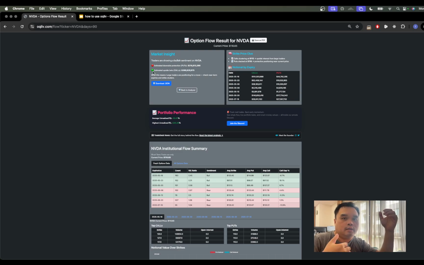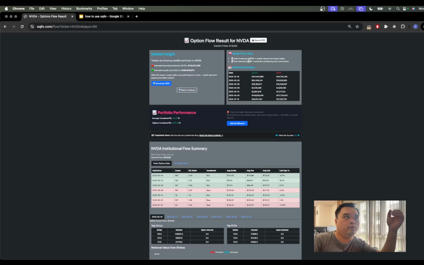Estimated upside bets, which are calls, are about $380 million. These are notional values, an estimate of how much value of options is being traded right now.